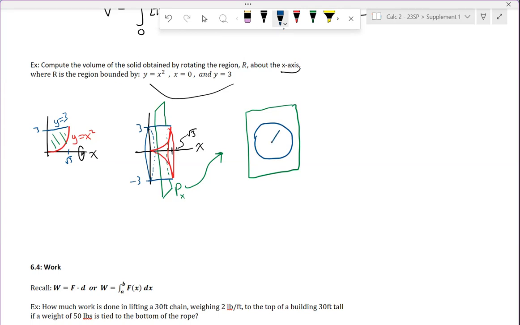So this is the one with radius 3. And then we have an inner circular section here that's related to this red curve being rotated around.